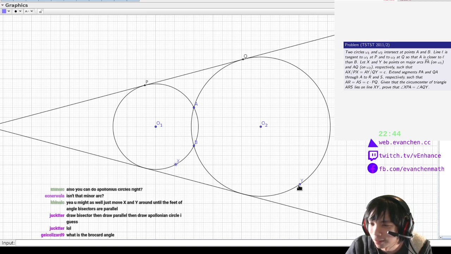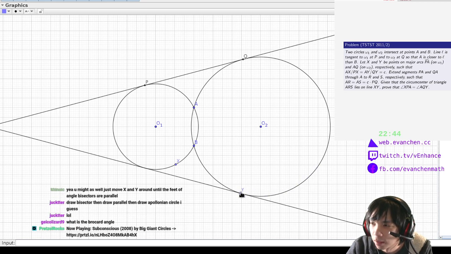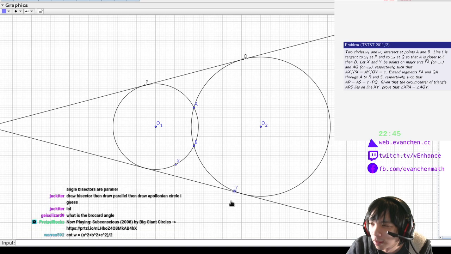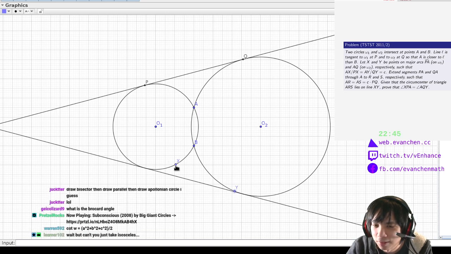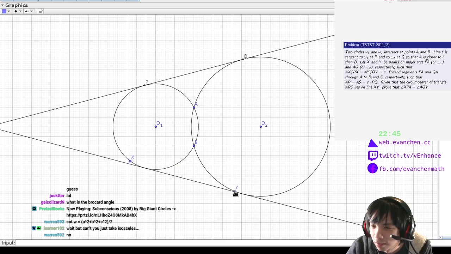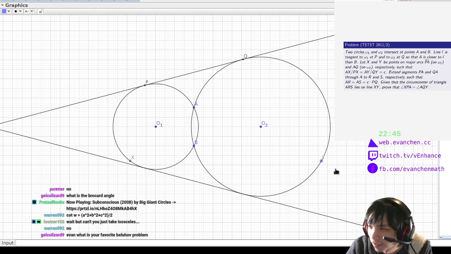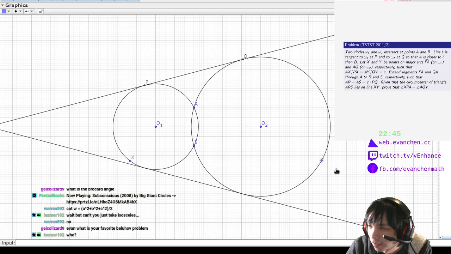So we're supposed to make these equal. That sucks. 107. Good enough.